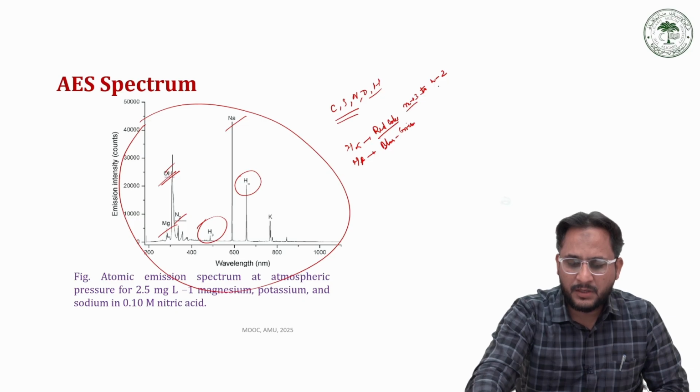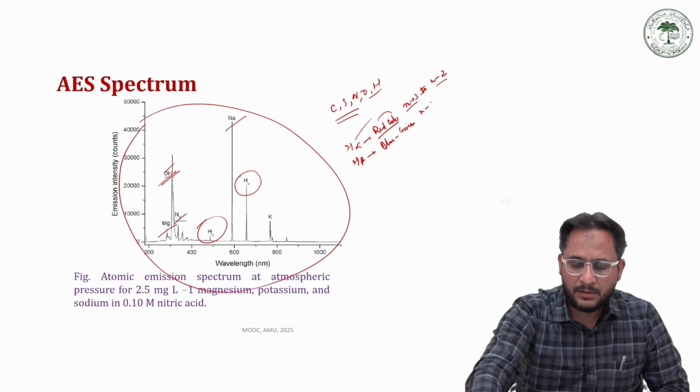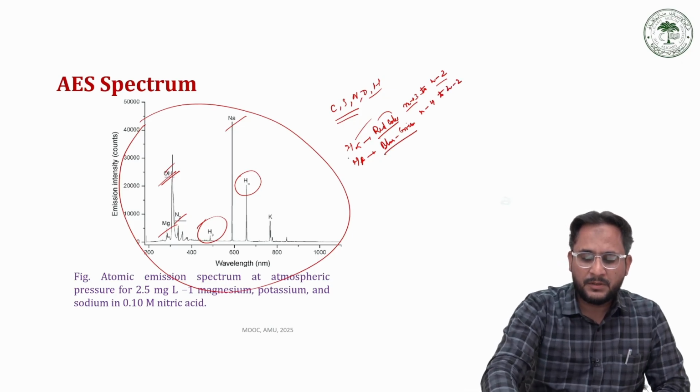So when they come from n=3 to n=2, red lines are emitted, called H alpha. When electrons come from n=4 to n=2, blue or green lines are emitted, called H beta.